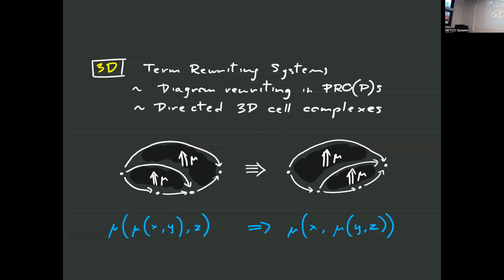And in this categorical view of term rewrite systems that becomes the rewrite of this two-dimensional diagram to this two-dimensional diagram, which can be seen as a three-dimensional cell. Okay.